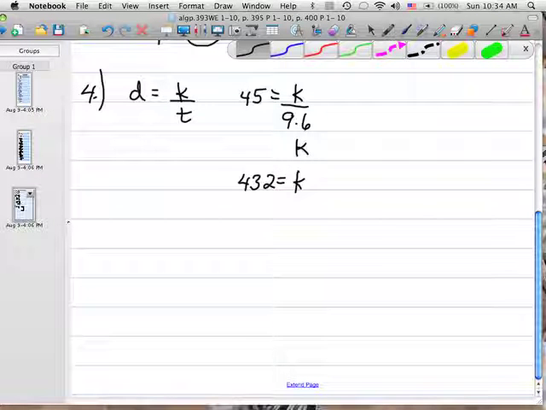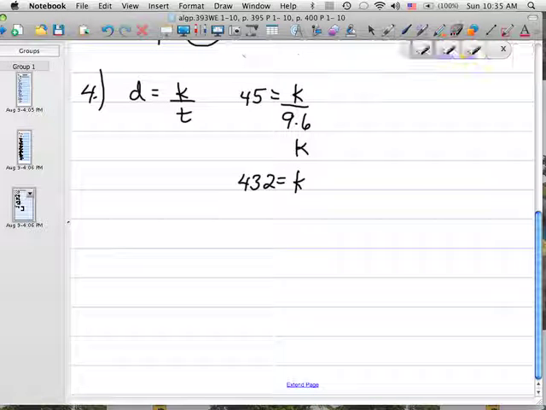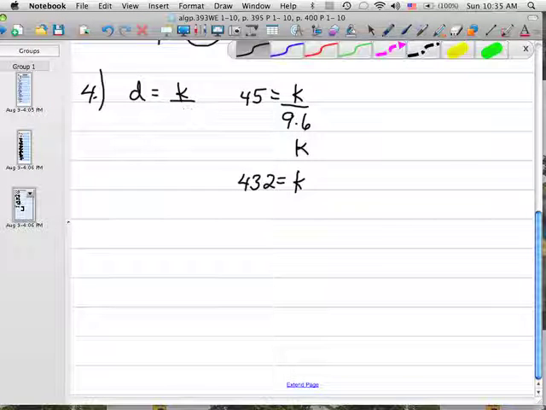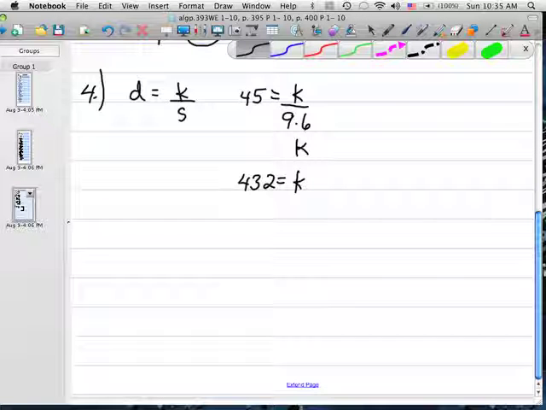What was the last runner's average speed? This should be, I think I made a mistake. This should be speed here. Okay. So we're looking for the last runner's average speed.